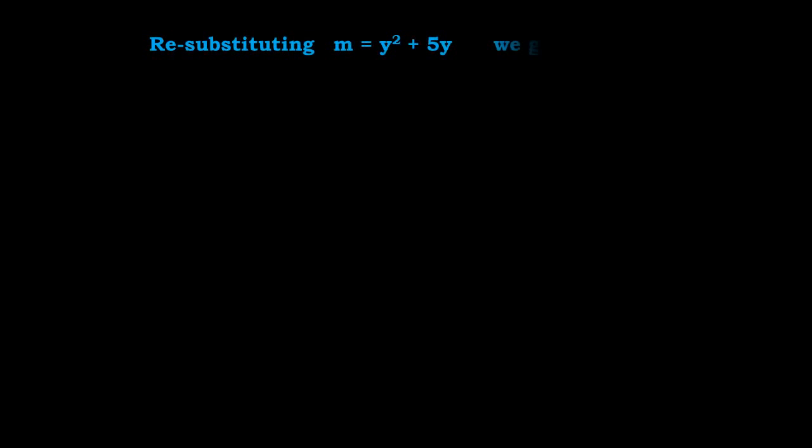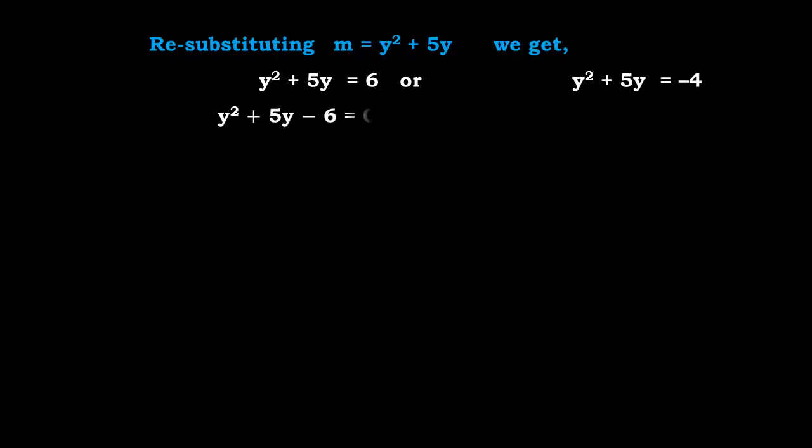So resubstituting m is equal to y square plus 5y, we get y square plus 5y is equal to 6 or y square plus 5y is equal to minus 4. Therefore y square plus 5y minus 6 is equal to 0. Now you can factorize this 6 as 6 into 1.